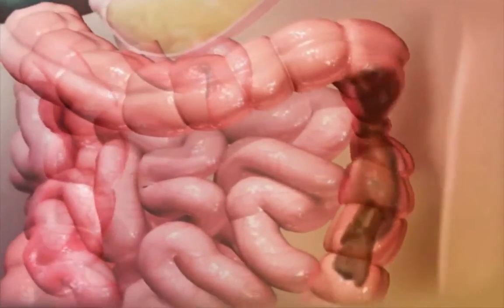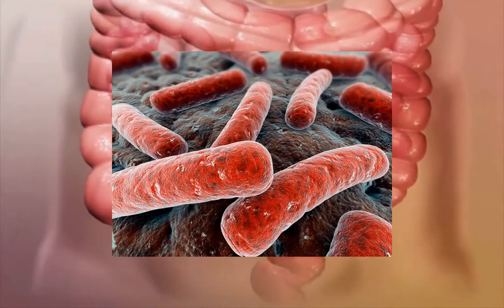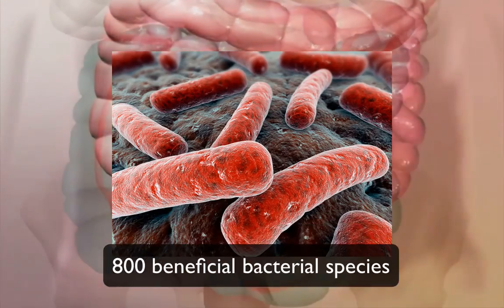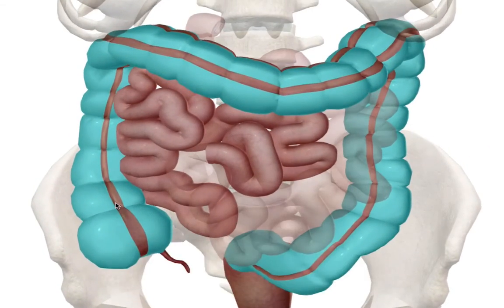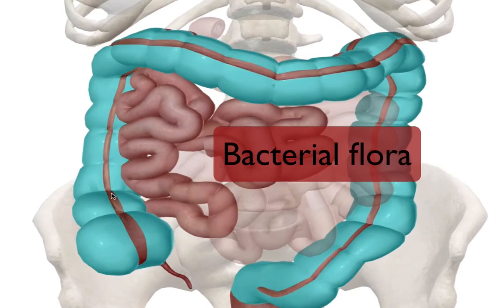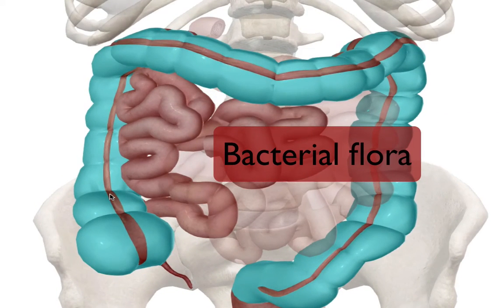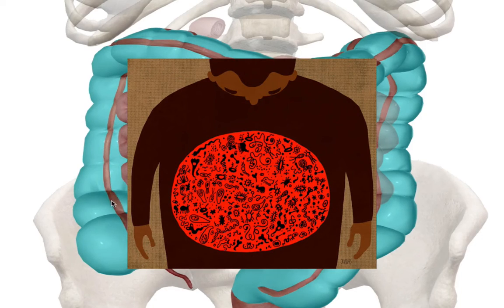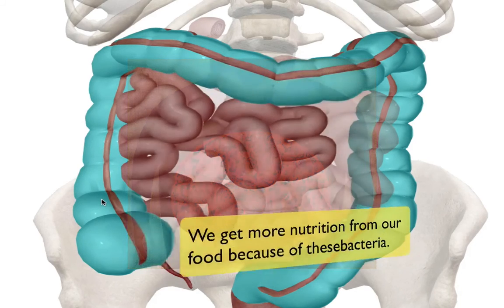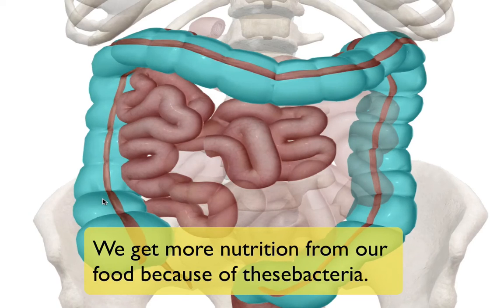Okay, they house bacteria. Okay, they have about 800 species of bacteria in the large intestines. Okay, we call this bacterial flora. So they're teeming with bacteria, and they play a very essential role in digestion. In fact, you get a lot more nutrients because of them than you would if they weren't there.